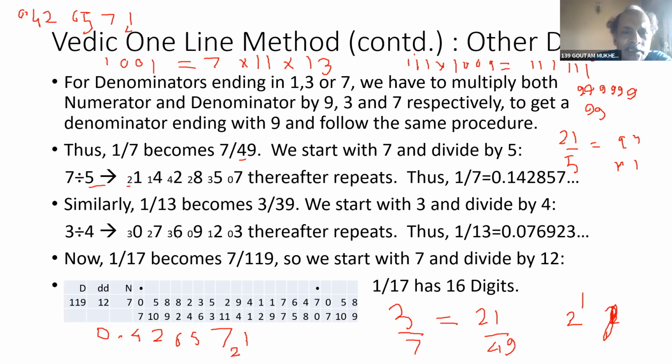And 36 divided by 4 is 9. 9 divided by 4 is 2, remainder 1. 12 divided by 4 is 3. Again it comes back to 3. Again 3 divided by 4 becomes 0 and remainder 3. So this becomes this one. Okay. But what happened to the others? So you'll find that for 13, there are two different cycles.